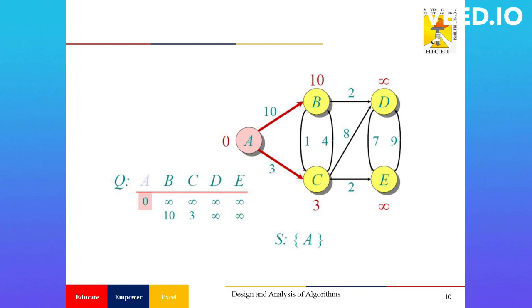So the connection from the origin vertex A to C is calculated. D and E are the direct connections from C. So the origin vertex is a known vertex with the lowest weight of 3. To reach D is 8 plus 3, 11. From A to E, it is A to C, then from C to E. So 3 plus 2 is 5.